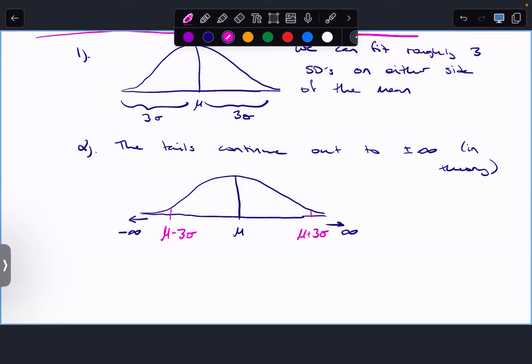Moving out 3 standard deviations on either side, we've captured the majority of the curve, but it does keep going, right? But how are we going to use these areas? These areas under the curve are probabilities, right?